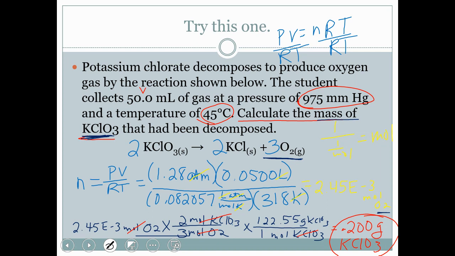There's different variations of this on WebAssign. We did not assign all of them to you, because some of the WebAssign problems have the gas collected over water. When that happens, you need to account for the pressure of the water vapor at whatever the temperature of the water is.